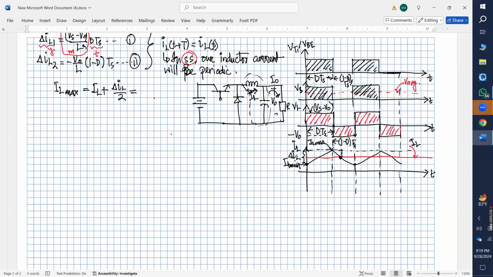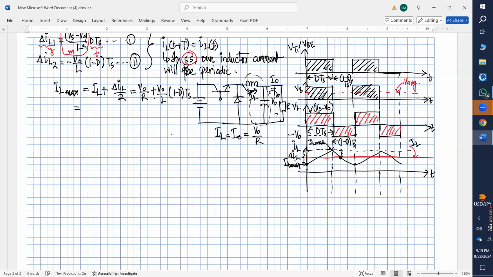So in that case, we can say my IL, the average value of the inductor current, is equal to the average current that is going to the load, which is nothing but V naught over R. So if I put this value here, we get V naught over R plus, if you take the magnitude of it, V naught over L, 1 minus D multiplied by TS.